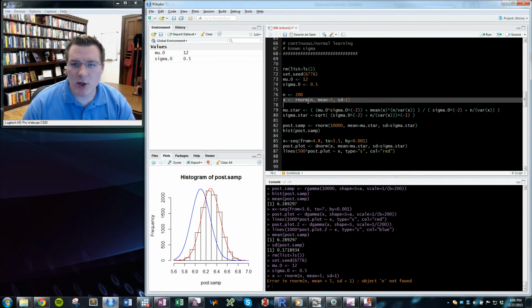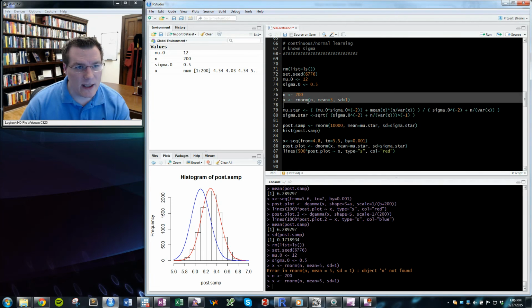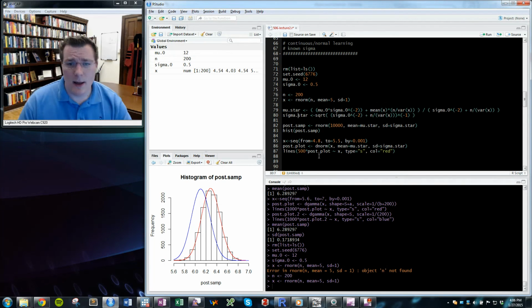I'm going to draw 200 observations from the normal density that has a true mean of 5 and a standard deviation of 1. That's much smaller in mean than my prior belief, but a little bit more variable than I was expecting.